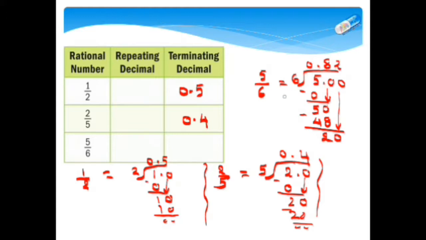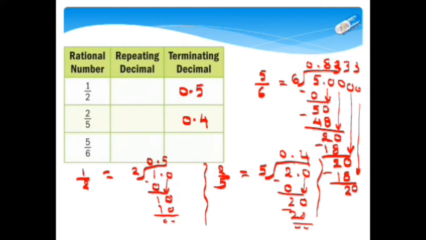20 divided by 6 equals 3. 3 times 6 equals 18. Subtract, it's 2. Again, another 0. Again, 20 divided by 6 equals 3. Again, 3 times 6, 18. And remainder 2. And as you see, 2 is repeating as a remainder, and of course 3 is repeating in the quotient here.